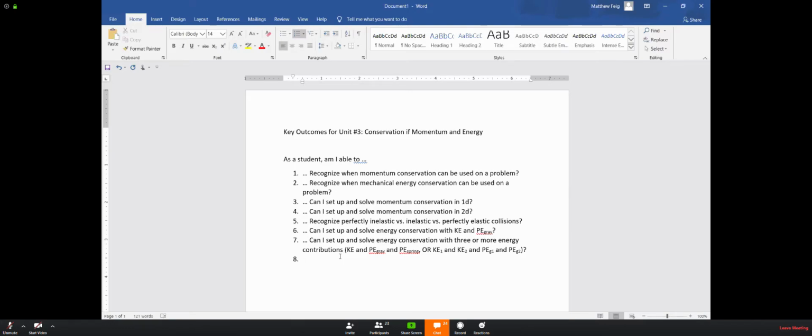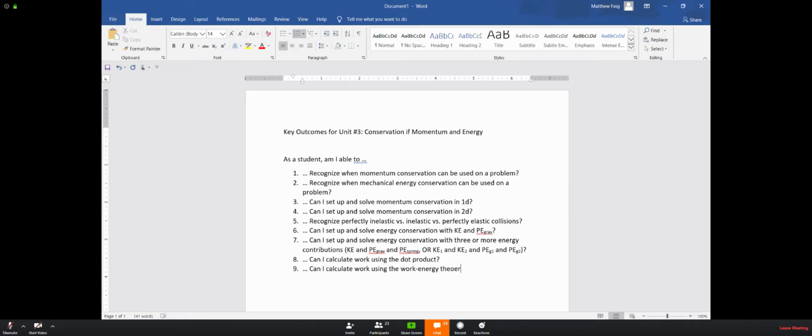Last one for the key outcomes. Can I calculate work using the dot product? And can I calculate work using the work energy theorem?